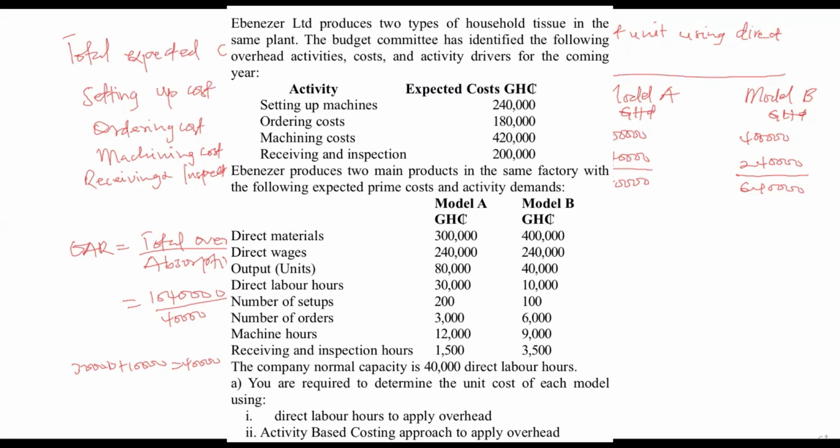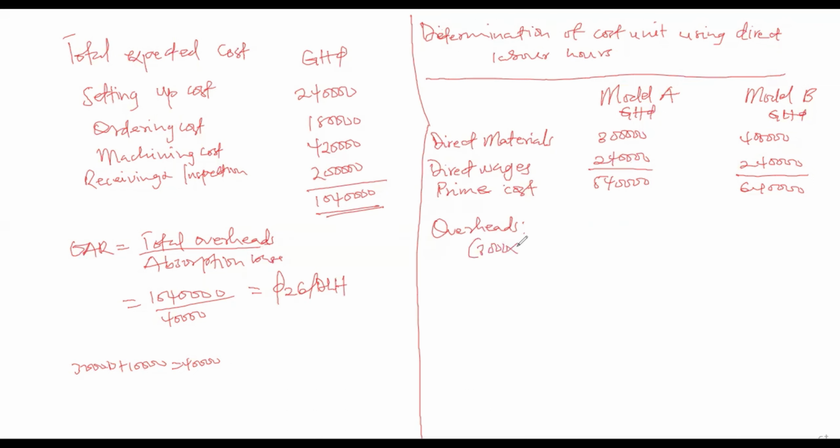So 3,000 by 26 is what will give us 780,000.